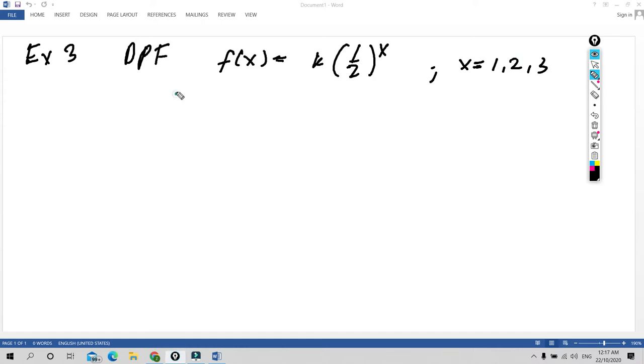So I want to find the k value here. What is the k value?